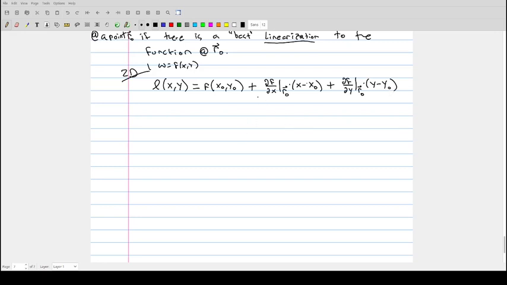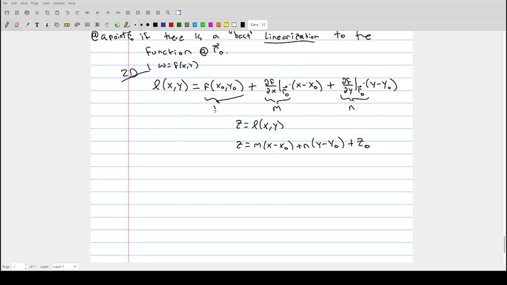And we say this is a tangent plane because we can call this value right here the z-intercept of a plane, this the slope of the plane in the x direction, and this the slope of the plane in the y direction. If we write down the equation, z is equal to the linearization at a given point, then z is equal to m times x minus x naught plus n times y minus y naught plus this b, or you can say z naught.